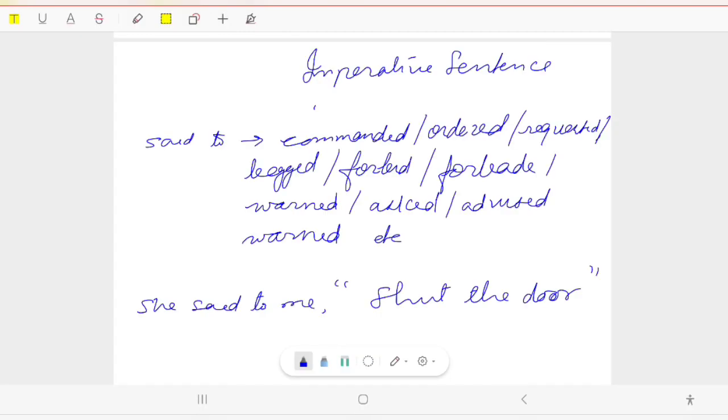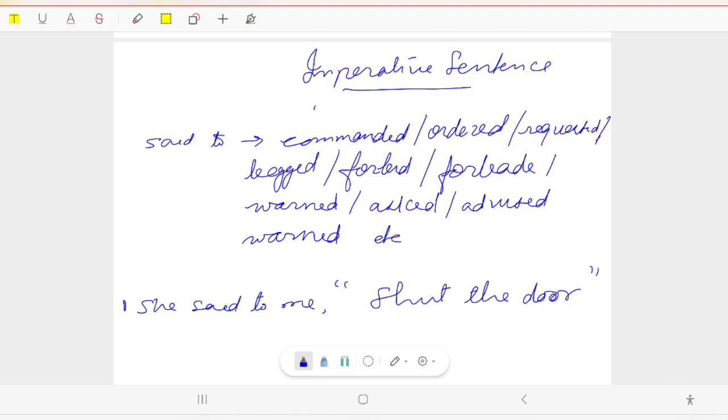Till now we have studied how to change assertive sentences and interrogative sentences from direct to indirect. Now see the next type of sentence, the imperative sentence. Imperative sentences are those sentences which express a direct command, request, warning, or instruction. Have a look at this example number 1.